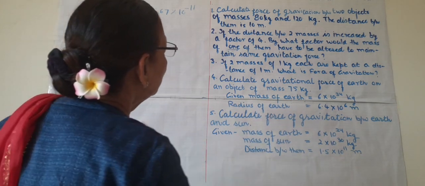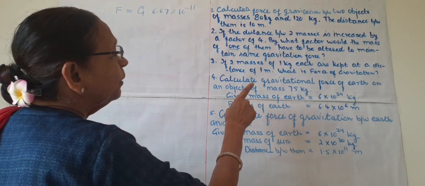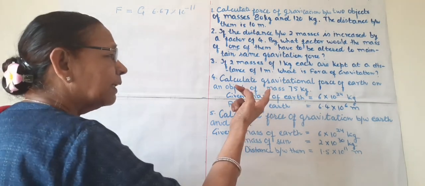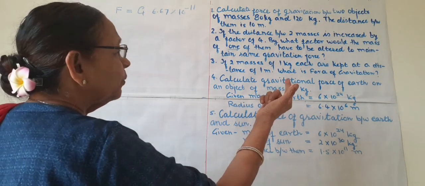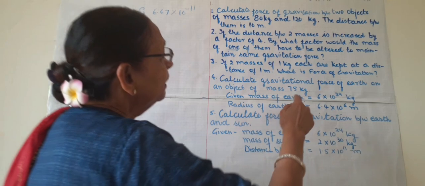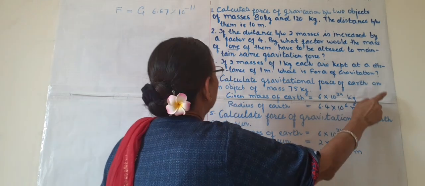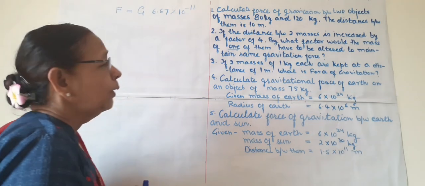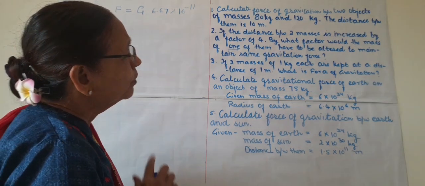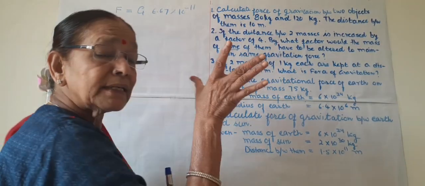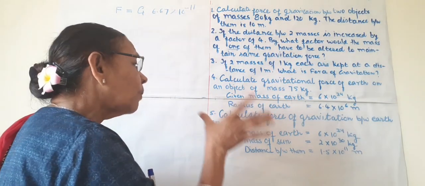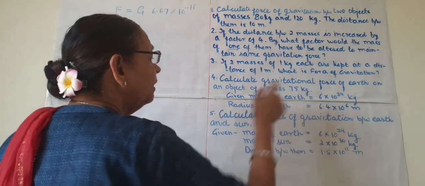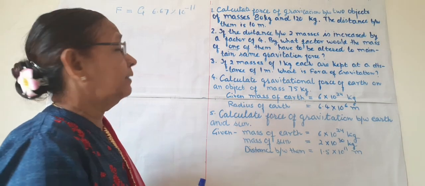Now coming to the fourth numerical, calculate gravitational force. Again the force has to be calculated, but here it is the force of earth on an object of mass 75 kilograms. Now when the force of earth is to be calculated, then the distance between the earth and the object is equal to the radius of the earth. How?